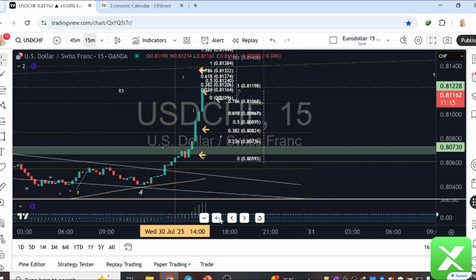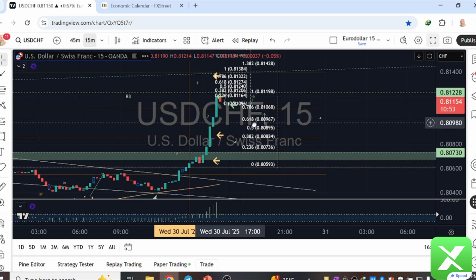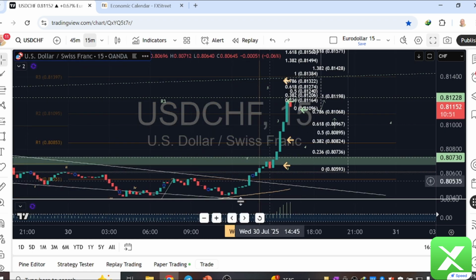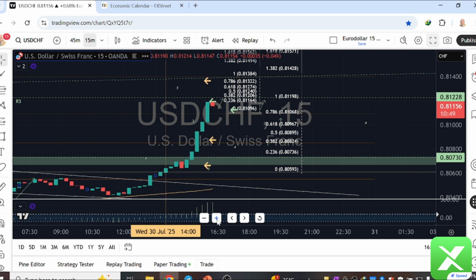We hedge at 80.80. 80.80 is this point here. That's where we would have our hedge. And we're going to attempt to carry it to 82.